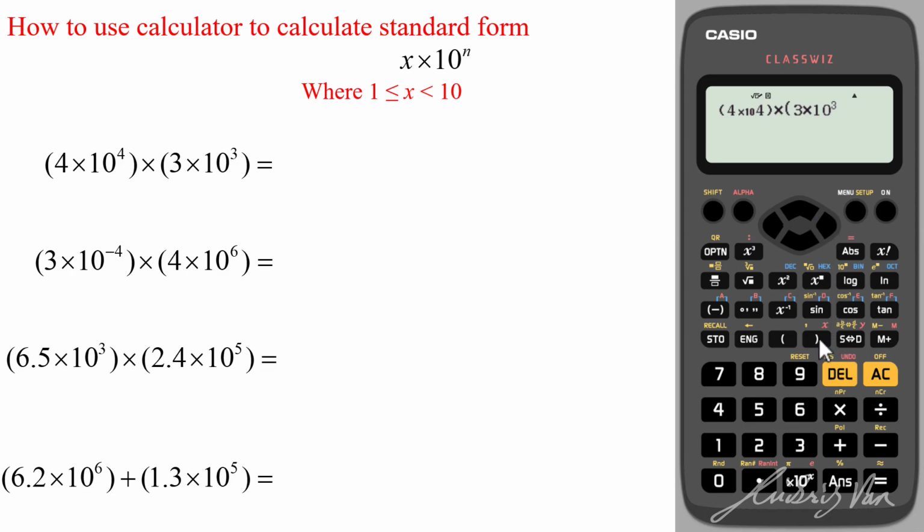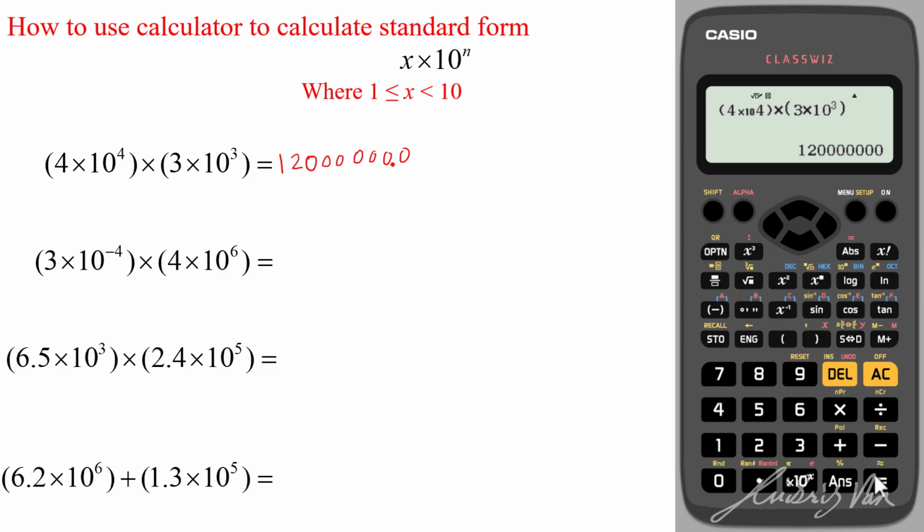Then you can close bracket, and you can press equal. So you will have 1, 2, 0, 0, 0, 0, 0, 0, 0.